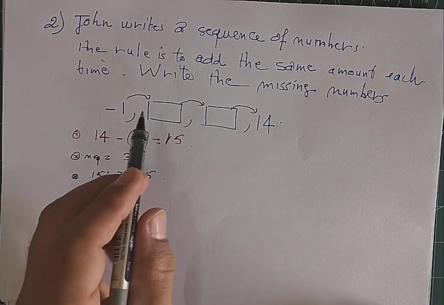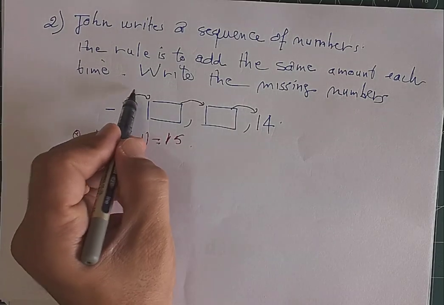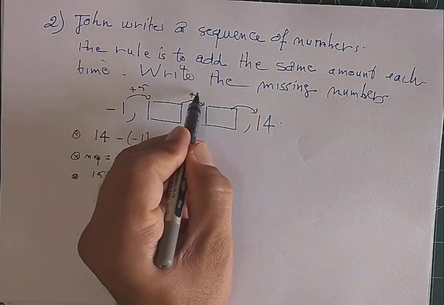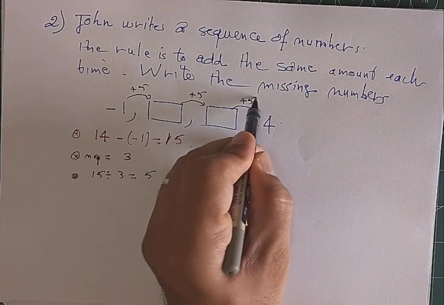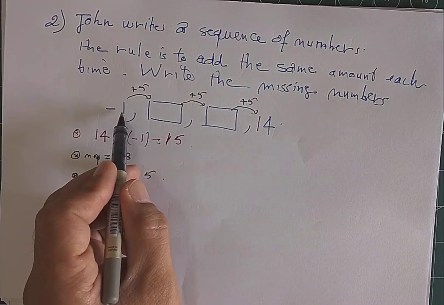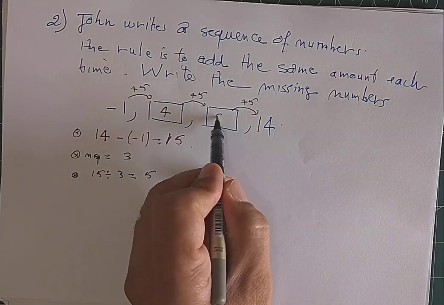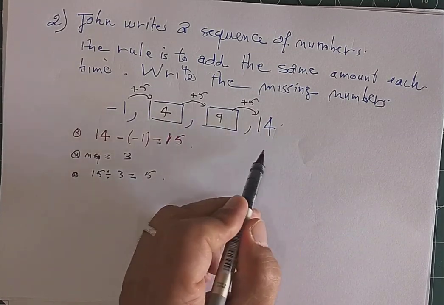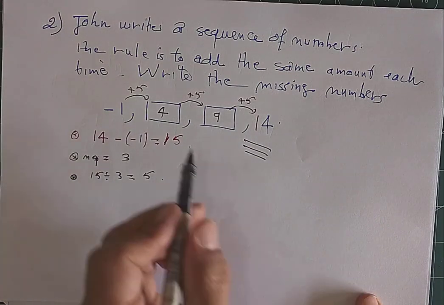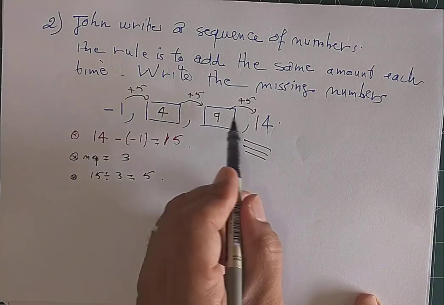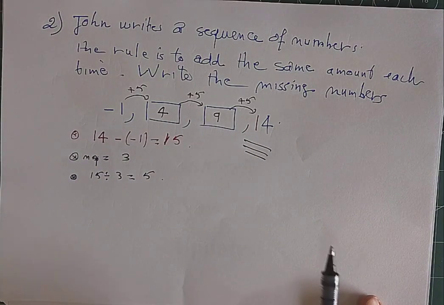So I add 5 each time. Minus 1 plus 5 is 4, 4 plus 5 is 9, 9 plus 5 equals 14. So here I add 5 each time.